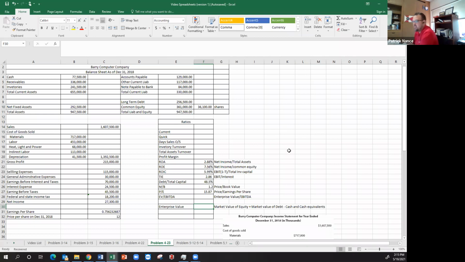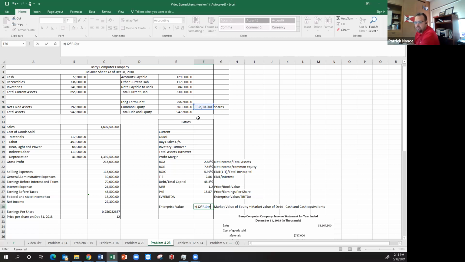So first I've got to find the enterprise value. The enterprise value is the market value of the equity plus the market value of the debt minus cash and cash equivalents. And we're not talking about book value, market value of the equity is $12 a share, because that was given to us, times the number of shares outstanding. So there's my market value of the equity.